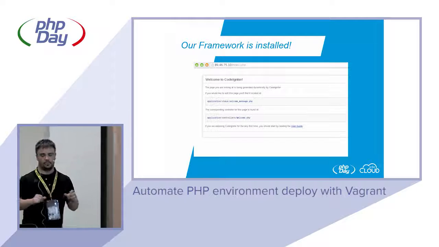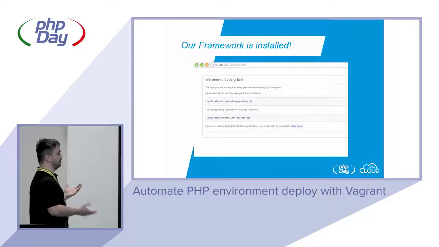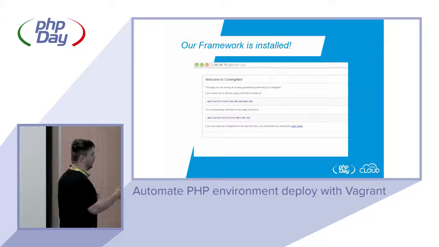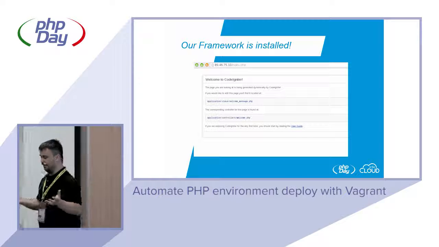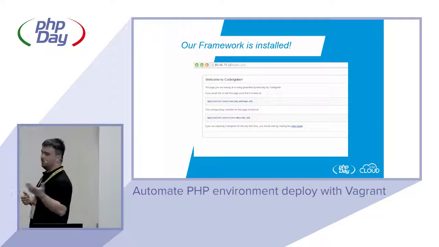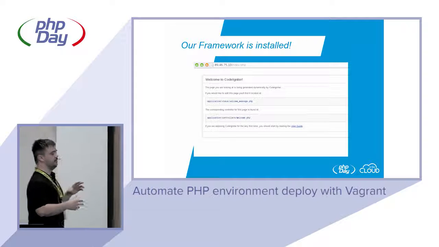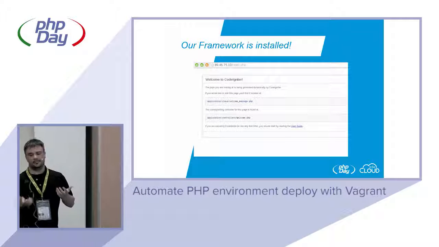So that's it. Vagrant, as you can see, permits you to do whatever you want. Another example that I had in real life is that I had to test an application with a load balancer, many front ends, and MySQL active-active.